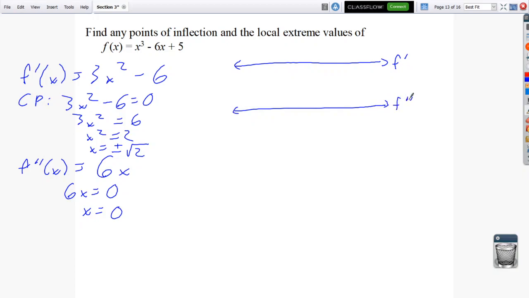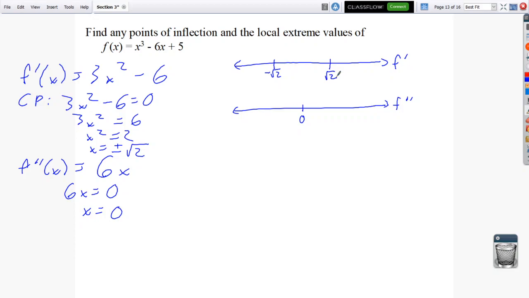So now looking at these, on my f double prime I'm just going to put a 0. I know I have 0 up here, but I'm not going to acknowledge it because it's not one of my critical points. But I do happen to know that I've got negative root 2 and positive root 2.